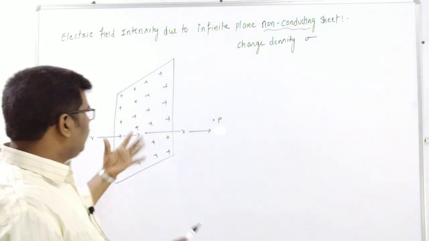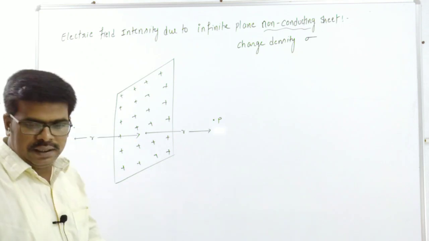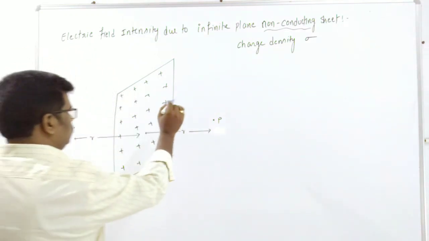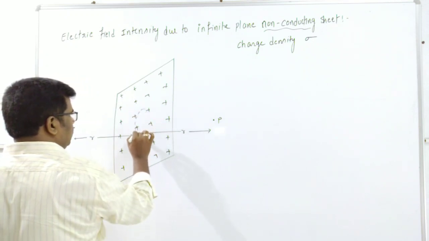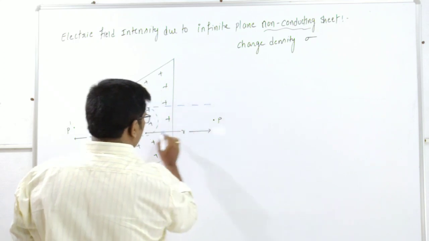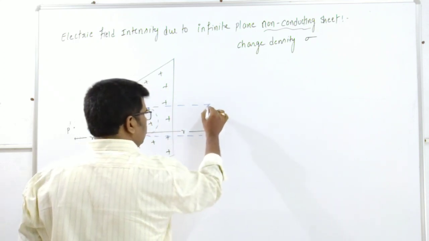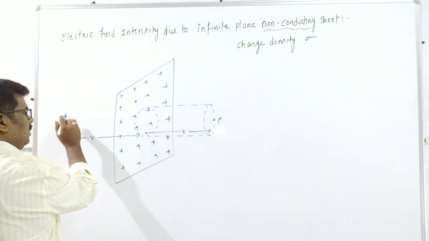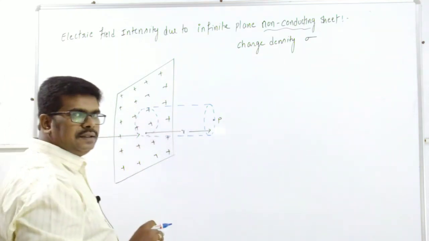Now I am constructing the Gaussian surface. Just as in the last class, I am taking a Gaussian cylinder whose length is r this side, and r here, so totally the cylindrical length is 2r.